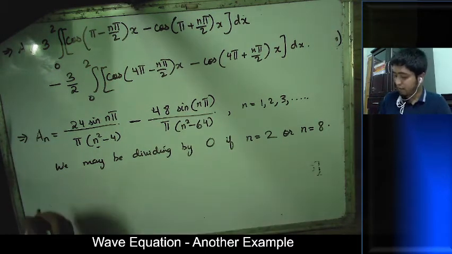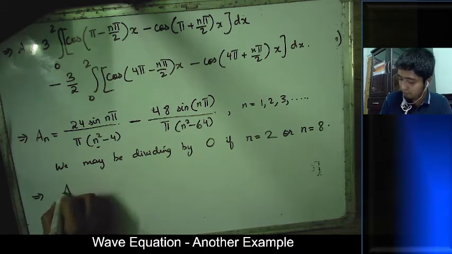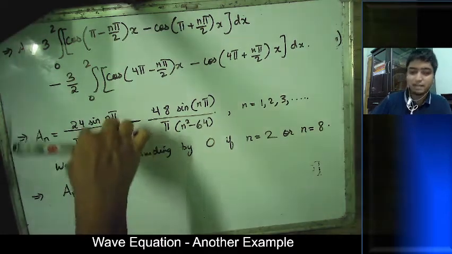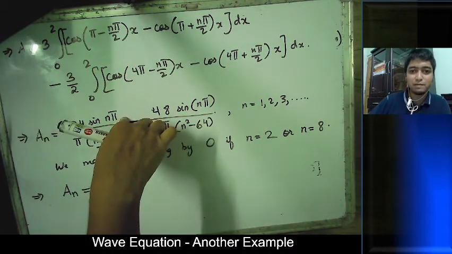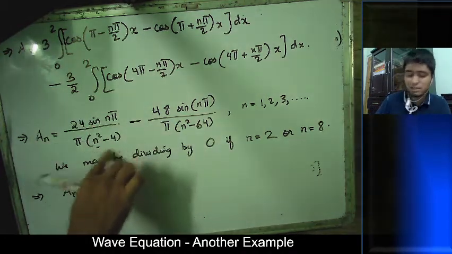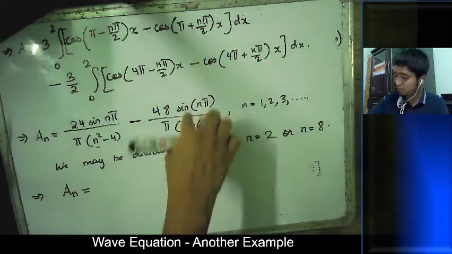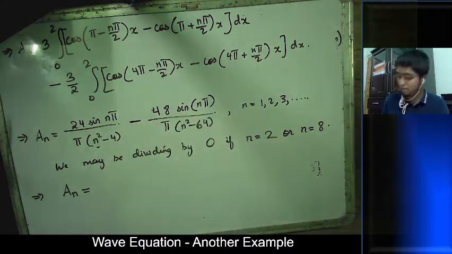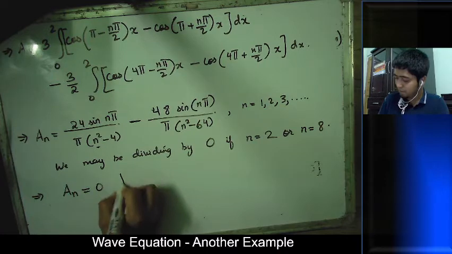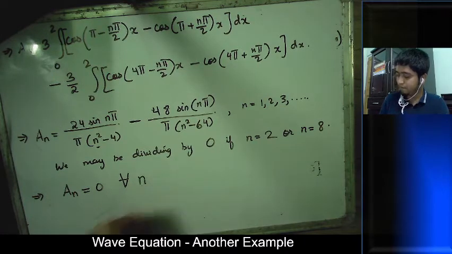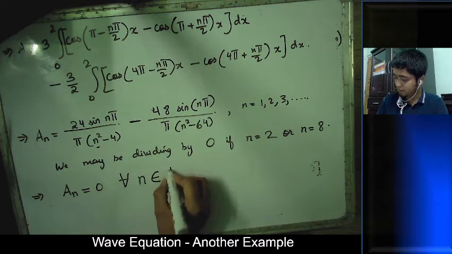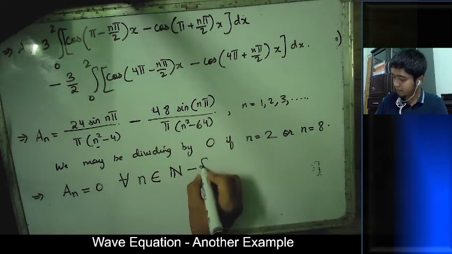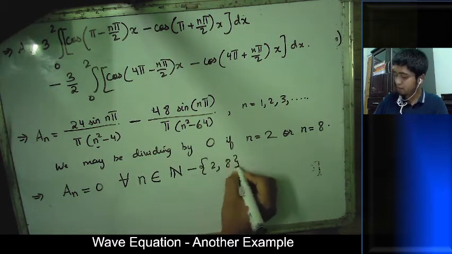So that is why we will be having this. If we are not dividing by 0, sin(nπ) will of course always be 0, and 0 divided by a non-zero quantity will be 0. So aₙ equals 0 for all n belonging to N minus {2, 8}.